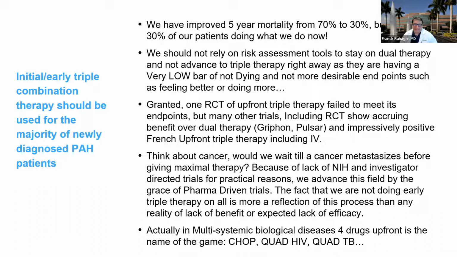Why wait? This is a disease where pretty much people get worse. And every single time you intervened early, except one trial, the Triton trial, we've managed to improve people's lives. So think about cancer. Would we wait till the cancer metastasizes before really treating it maximally? And unfortunately, the way things have developed is not because somebody thought this out.